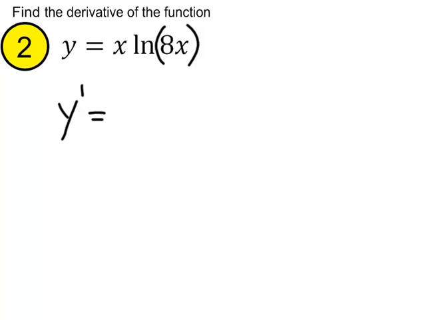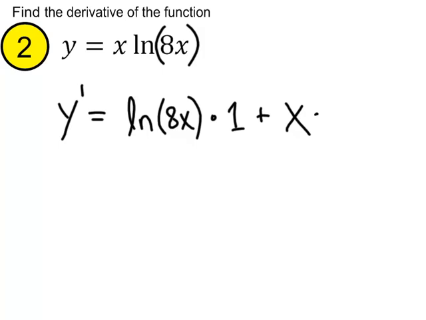We'll do the second function, ln of 8x, times the derivative of the first, so times the derivative of x, which would be 1, plus the first function, x, times the derivative of the second. And just as in the previous example, the derivative of ln of 8x is going to fit the u prime over u pattern.